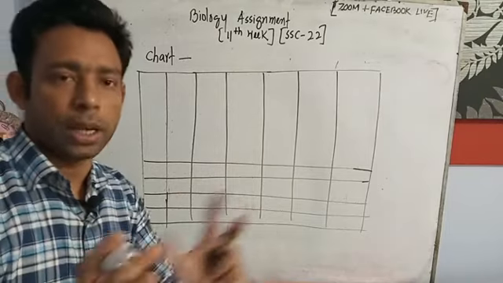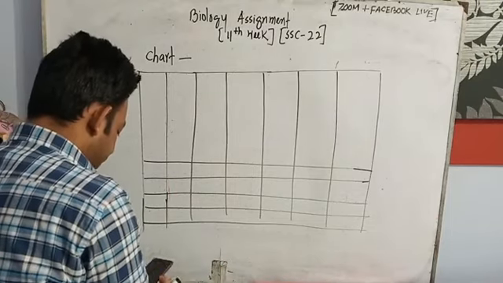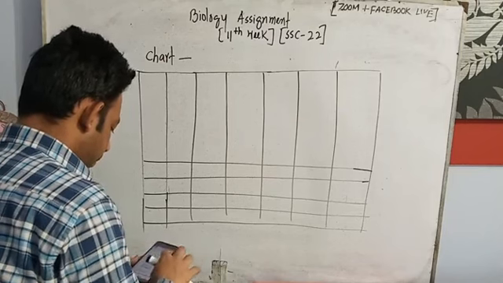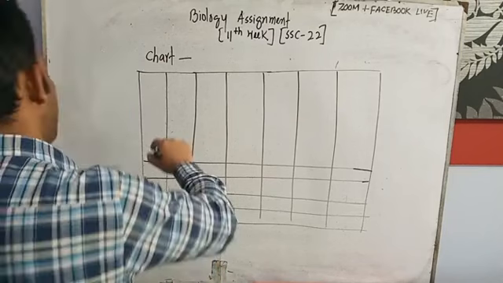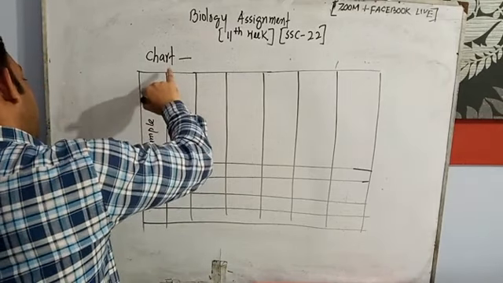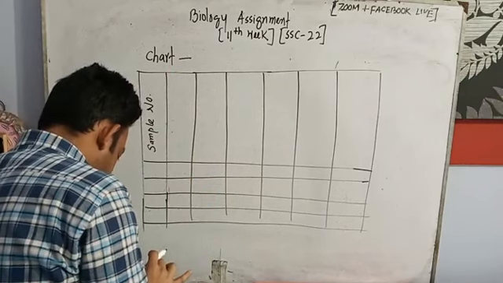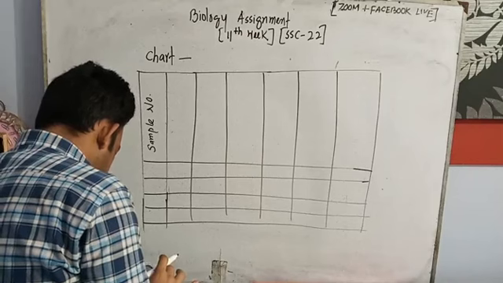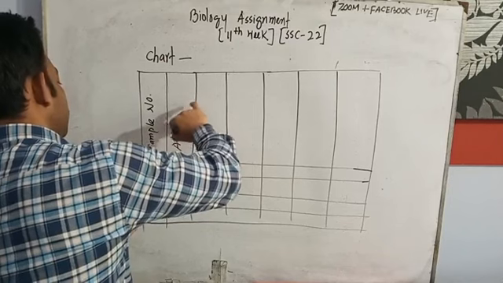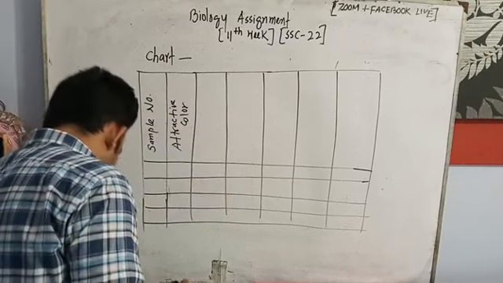Since we collected the 4 specimens, this is the sample number given there. I see the assignment here. Sample number, you will write accordingly. Then attractive color, you will write attractive color.